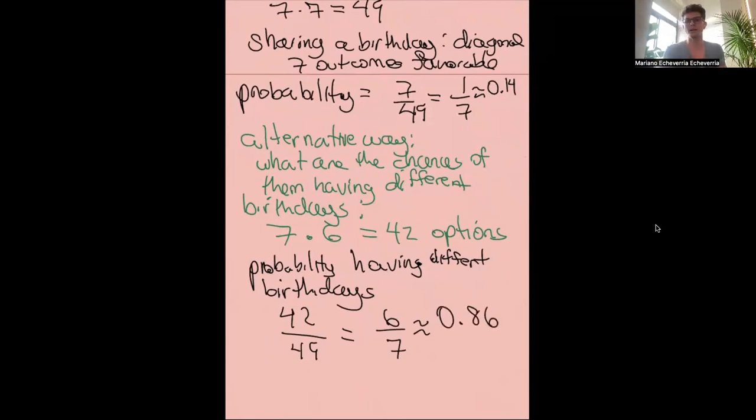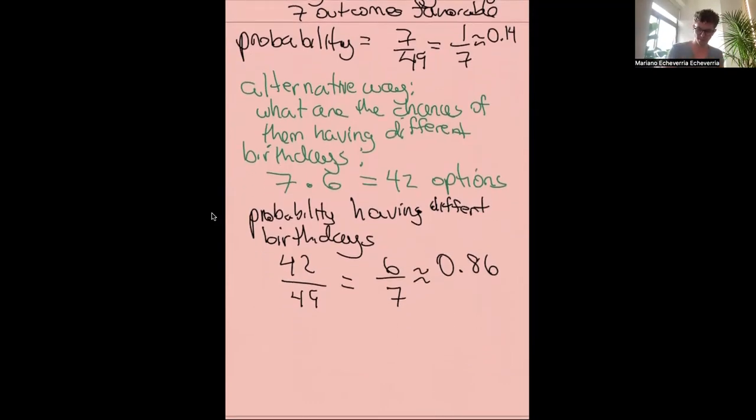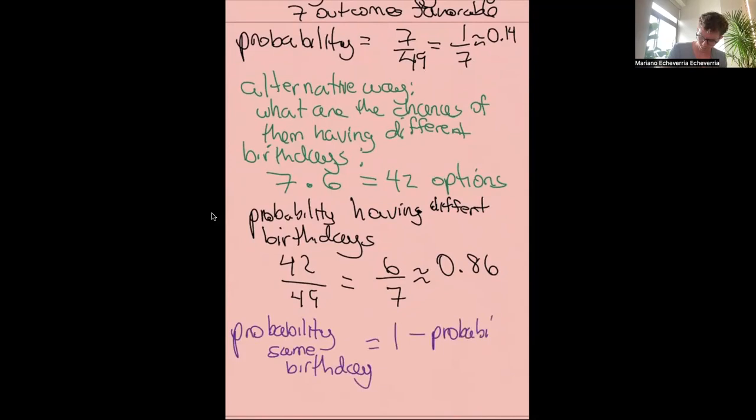Is that making sense? Once you know that the probability of two friends having different birthdays is about 0.86, the probability of having the same birthday is 1 minus that. Let me write it here. Probability of the same birthday is 1 minus the probability of different birthdays.